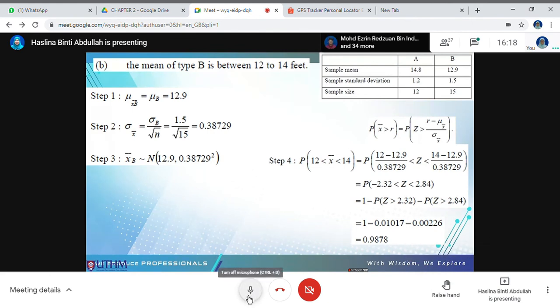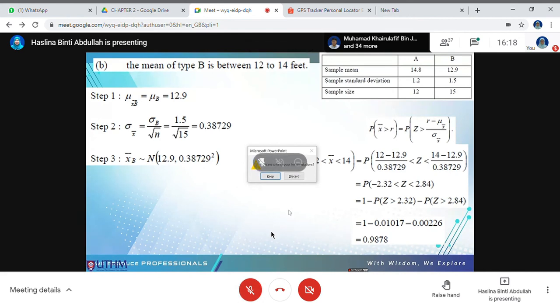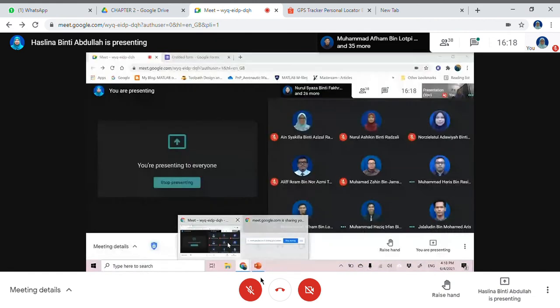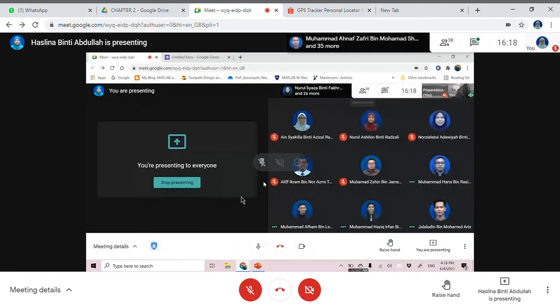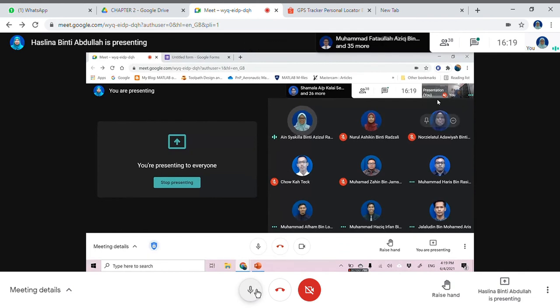Ada orang yang tak dapat masuk. Macam section last day, yesterday, saya dah lantik seorang tau. Saya tak nak terganggu macam ni lah. Tengok saya dah kena discard. So, pilih seorang, mana yang saya nak admitnya, mana? Tak ada pun. Lantik seorang ketua kelas next week.